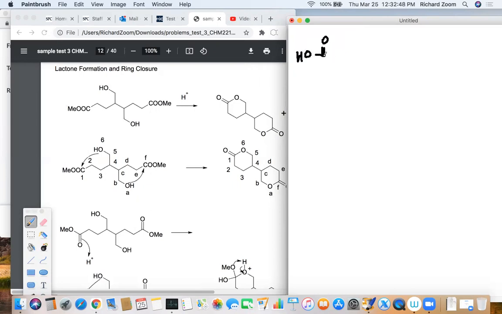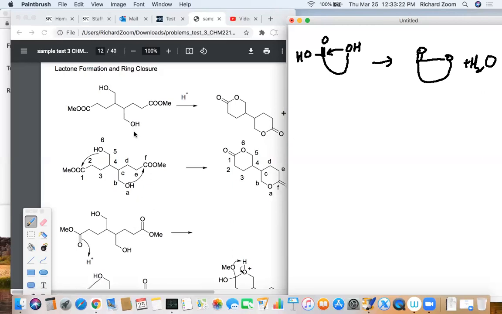Like I said, it doesn't really matter. But effectively, what we're looking at here is this kind of arrangement. That's the net effect of everything. So it's really this O here joining with the C double bond O on the other side.